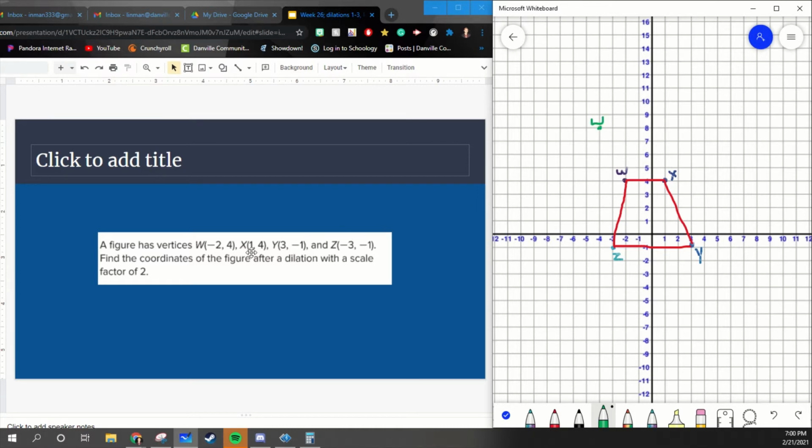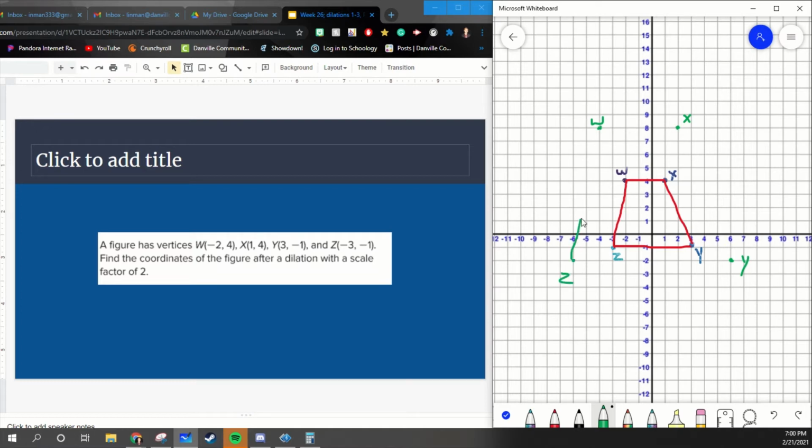Then at X, 1, 4, we're going to be at 2, and then that 4 again is going to turn into that 8. So we have X up here. Then we have Y, which will be at 6, and then negative 1 times 2 is just negative 2. So that's Y. And then Z is at negative 3 times 2, which is negative 6, and negative 1 would again be negative 2. So we'll have Z right here.